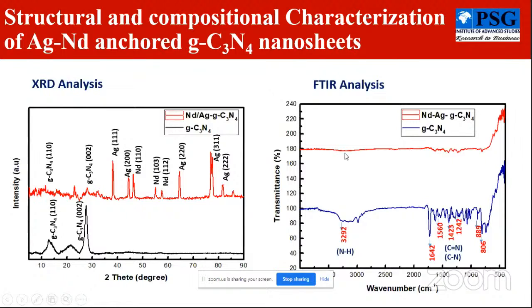Then this is the FTIR analysis of NdAg g-C3N4, in which we can see the major peaks of C3N4 are suppressed due to the formation of this bimetallic Nd and Ag. From this we can confirm the formation of Nd and Ag.